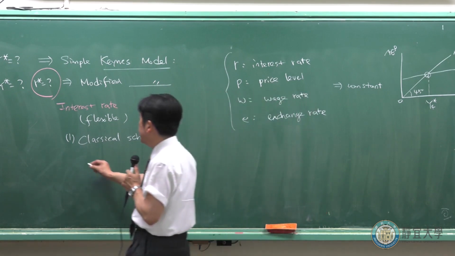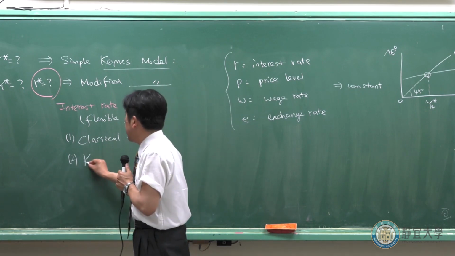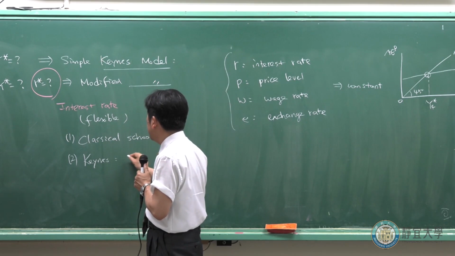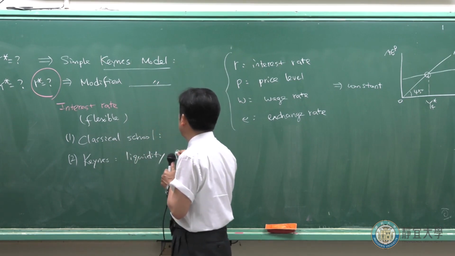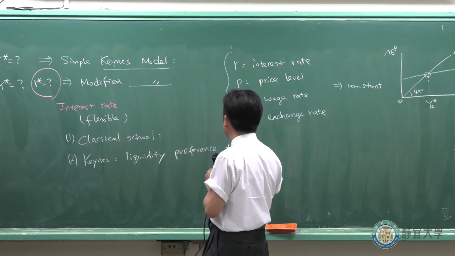And the second one is the Keynes, the Keynes liquidity preference theory.